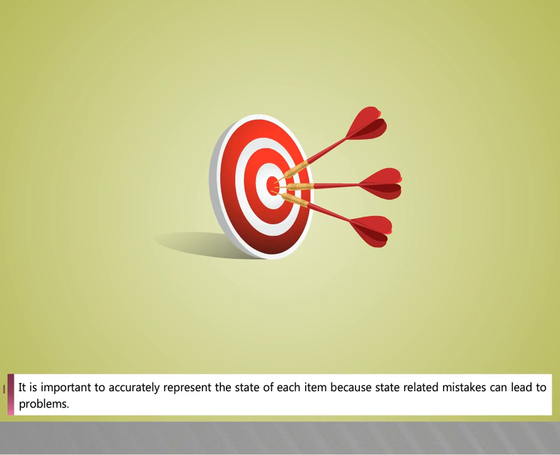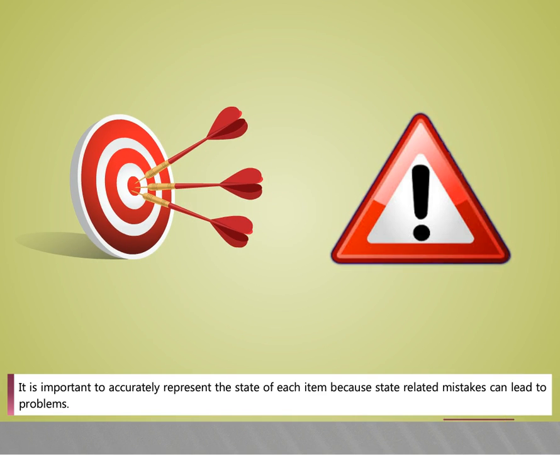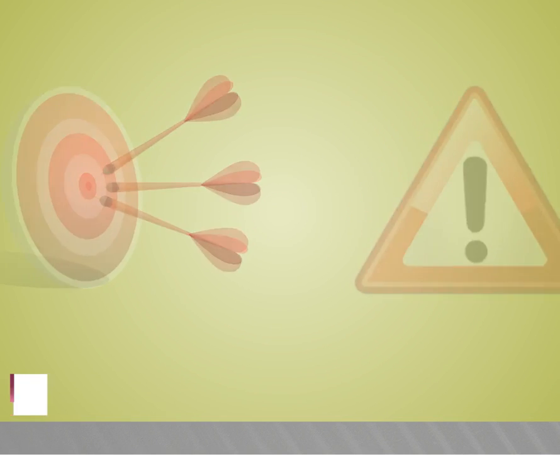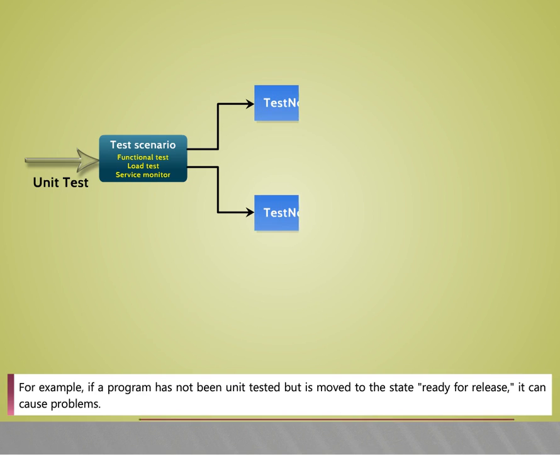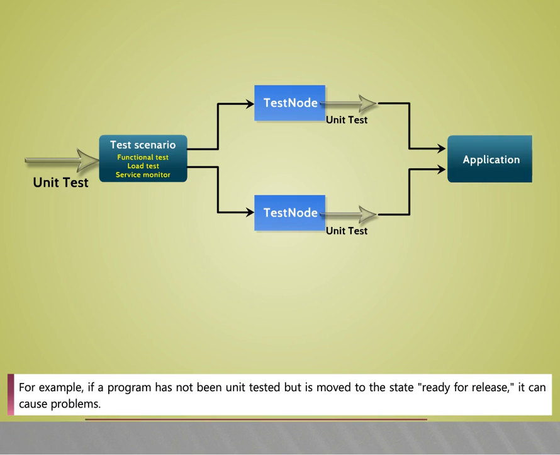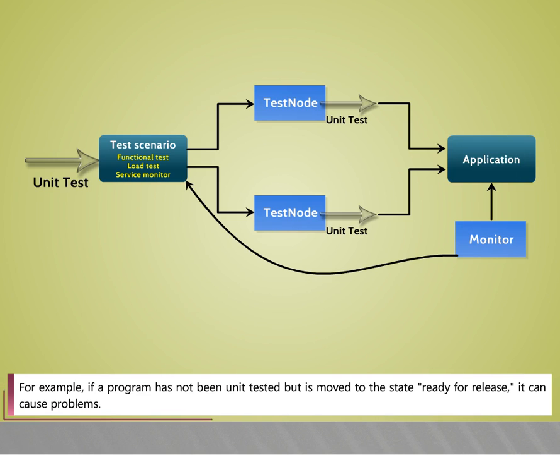It is important to accurately represent the state of each item because state-related mistakes can lead to problems. For example, if a program has not been unit tested but is moved to the state ready for release, it can cause problems.